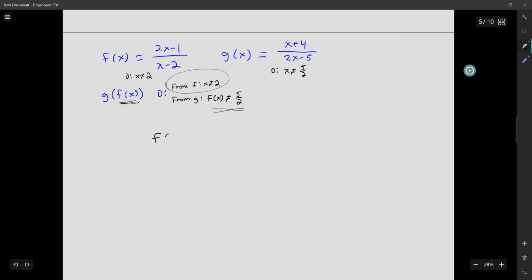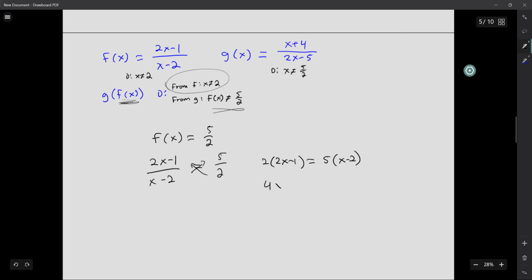So let's say f of x equals 5/2, which means 2x minus 1 over x minus 2 is equal to 5/2. I can solve this by cross multiplying. So I've got 2 times 2x minus 1 equals 5 times x minus 2.